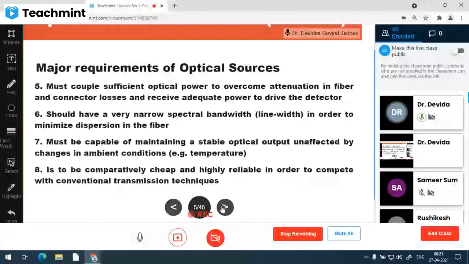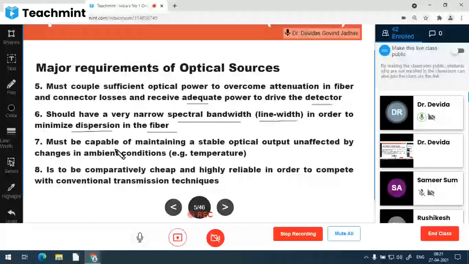The next requirement is that the source must couple sufficient optical power, because optical power has to overcome the attenuation of the fiber and the attenuation due to connector losses, and adequate power should be there so as to drive the detector. The source should have a very narrow spectral bandwidth, called line width, in order to minimize the dispersion in the fiber. Dispersion gives losses.